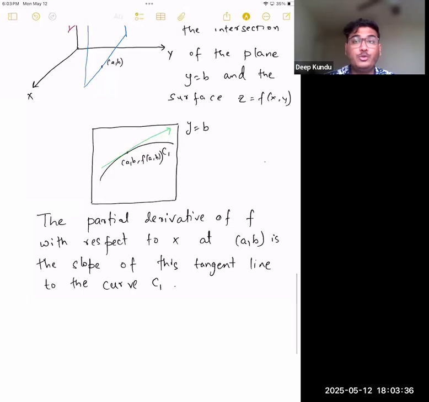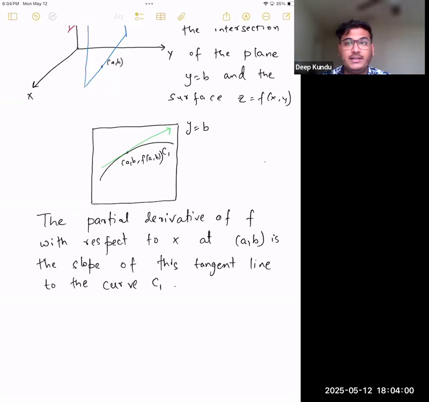So what we're doing is nothing new. It's still Calc 1, but instead of doing it on the xy plane, we are doing it on the plane y equals b. Because as soon as the plane y equals b intersects the surface z equals f of xy in a curve, we can do the same thing that we did in Calc 1. Now we have a simple curve, C1, and we can draw a tangent line, right?